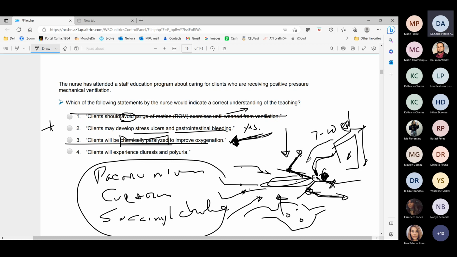will help the client, and the most common form of ventilation is assisted ventilation. So the client is weak and has problems in the lungs. They intubate the client and the machine will help the client breathe.